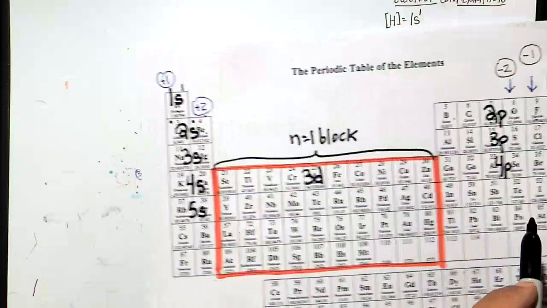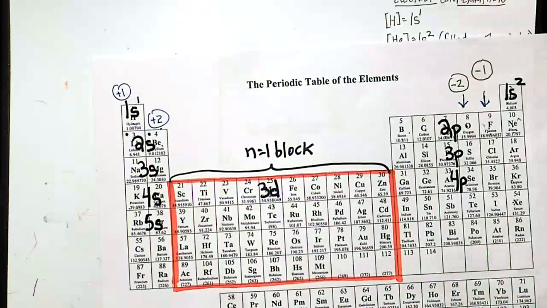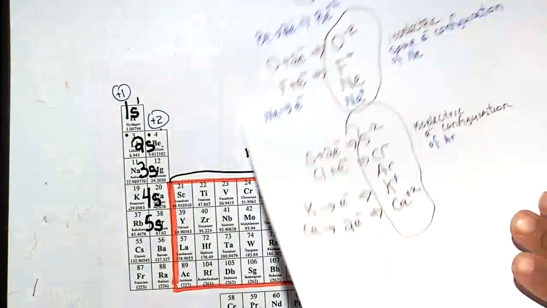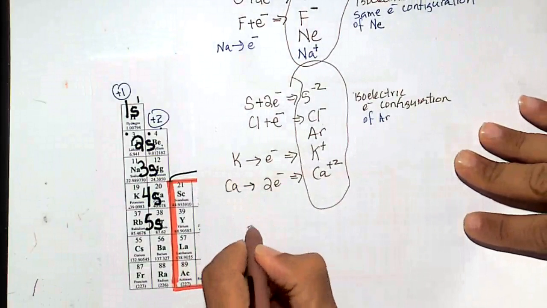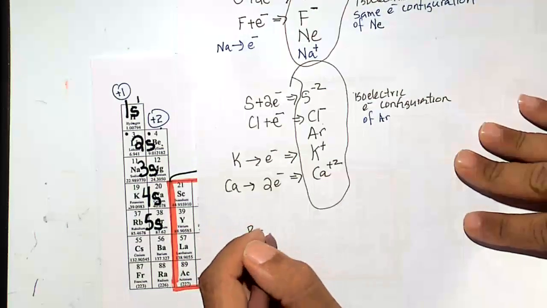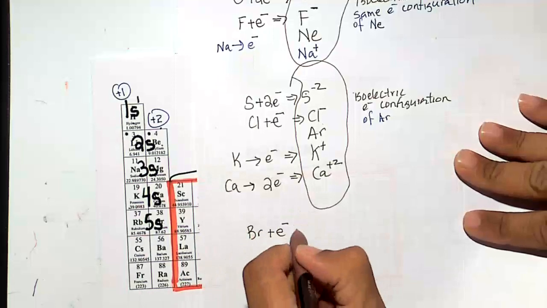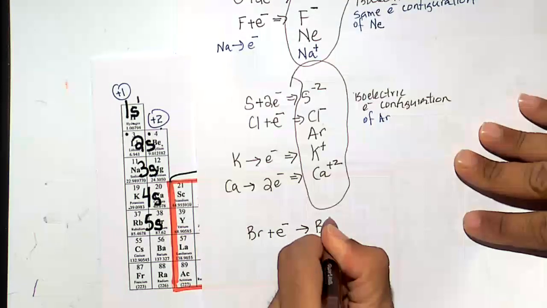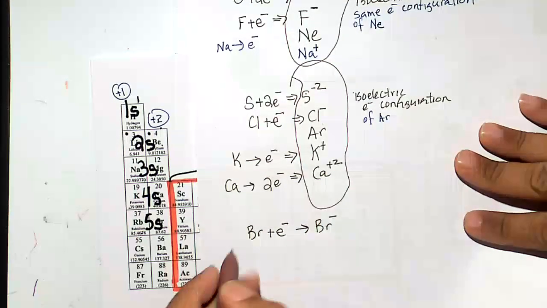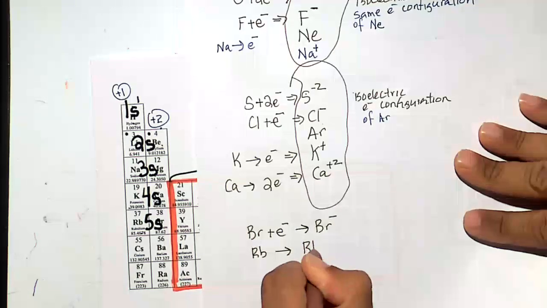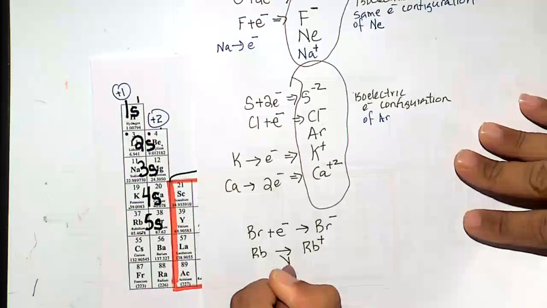Why would bromine like to be Br minus? And why would Rb like to be Rb plus and strontium be Sr plus 2? They'll be like krypton. Here I'm having bromine gain an electron to become Br minus. I'm having Rb, rubidium in group 1, lose an electron to become Rb plus.